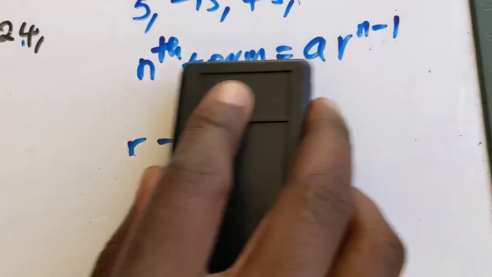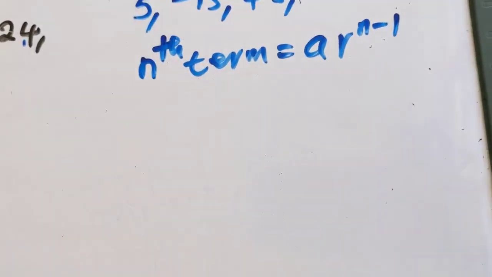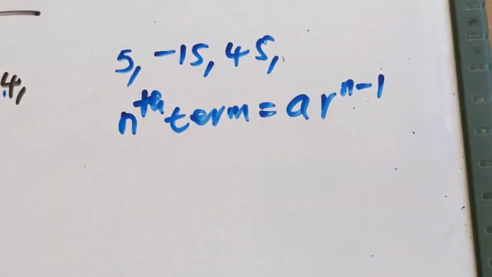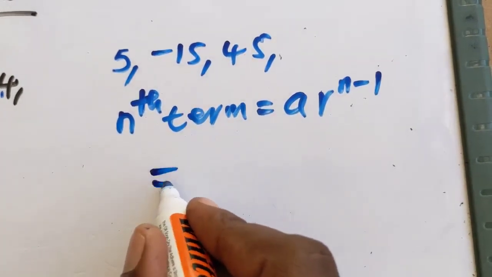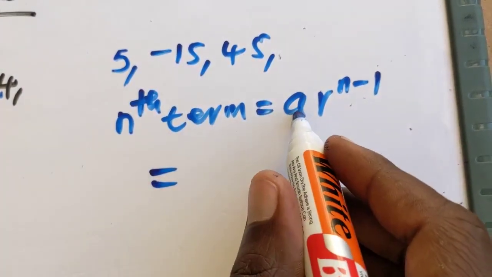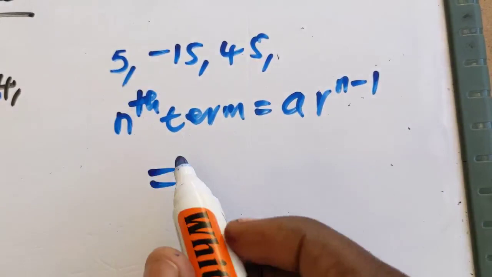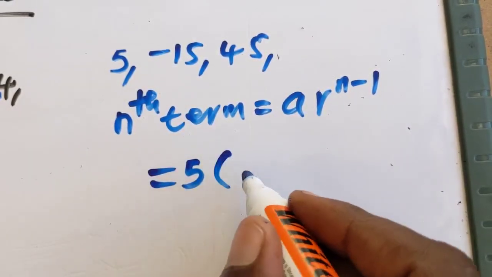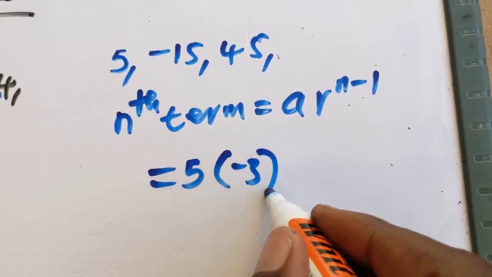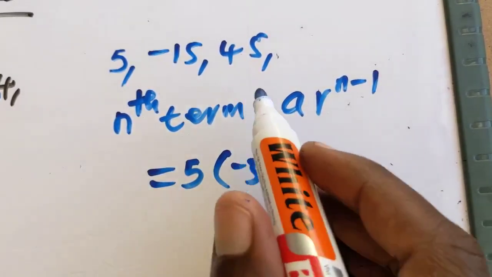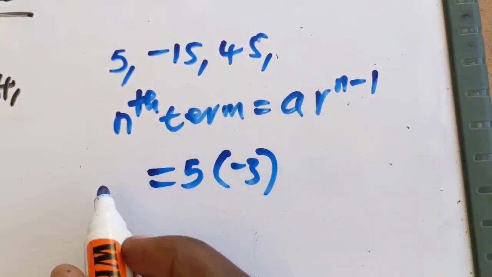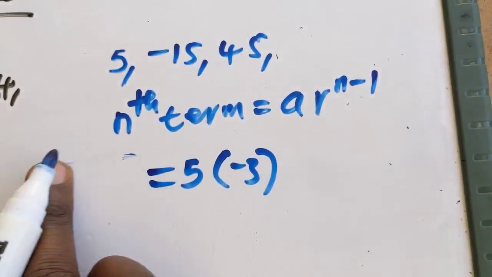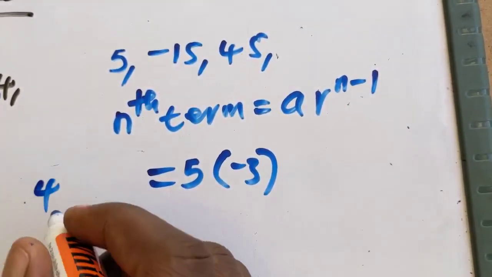You should know this formula. So we found that the common ratio r is negative 3. So you can actually go on and solve. What is a? It is the first term, which is 5, multiplied by negative 3, then to the power, we are looking for the fourth term.